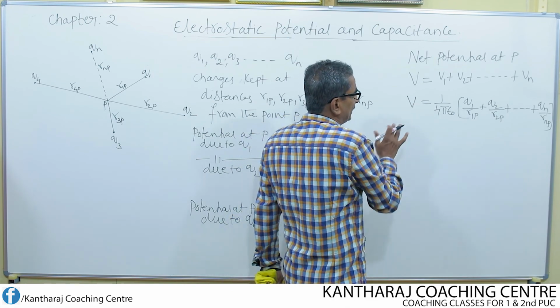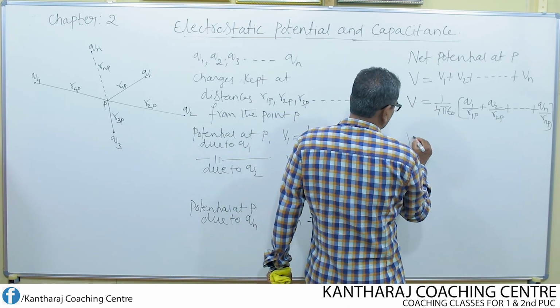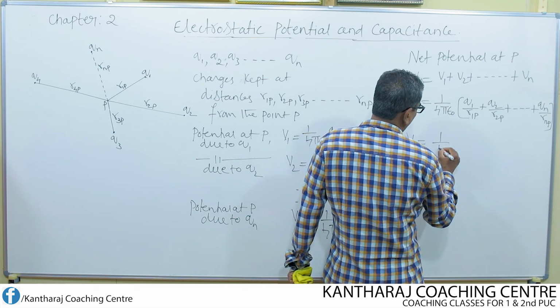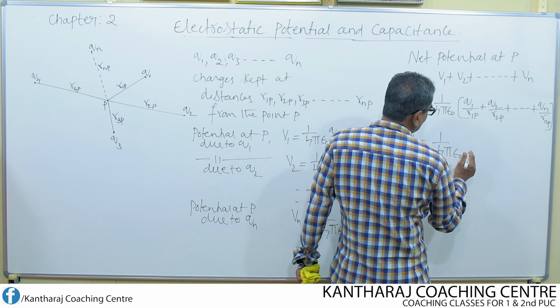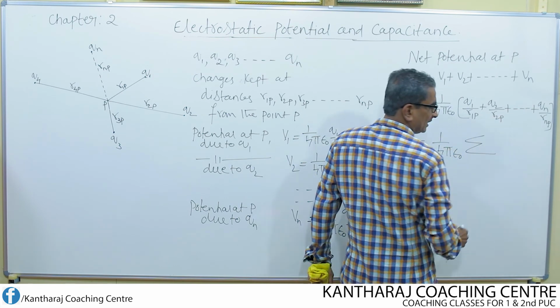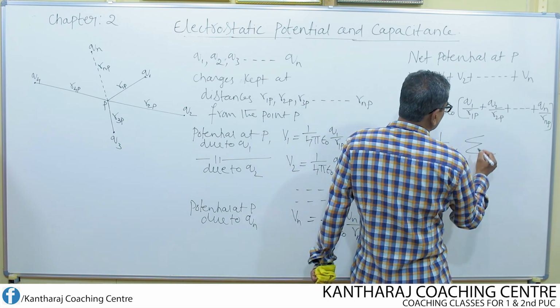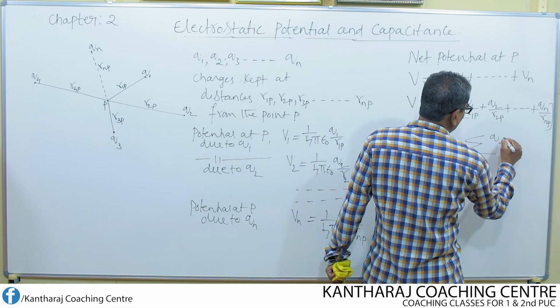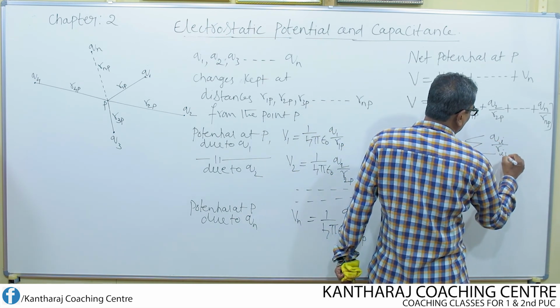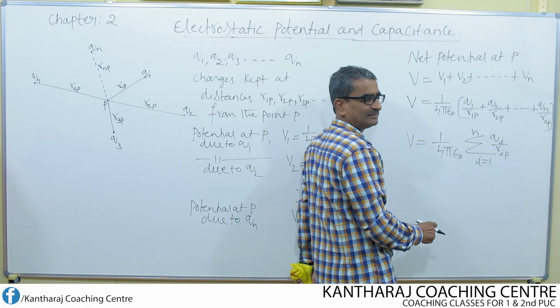This can be put in a simple mathematical equation. How? V equals 1 over 4 pi epsilon naught. Instead of adding plus plus plus, I write the summation sign: Qi divided by RiP, where i takes values from 1 to n.